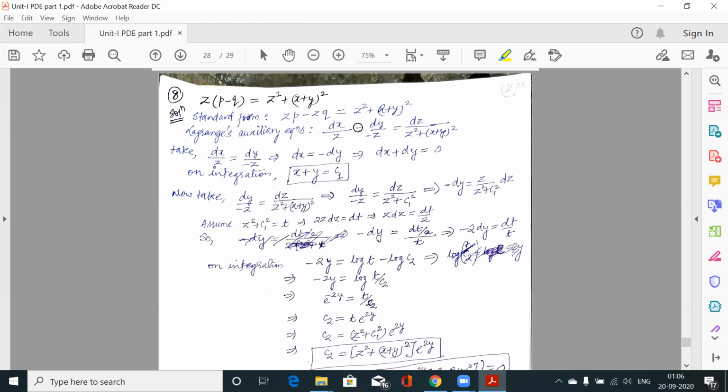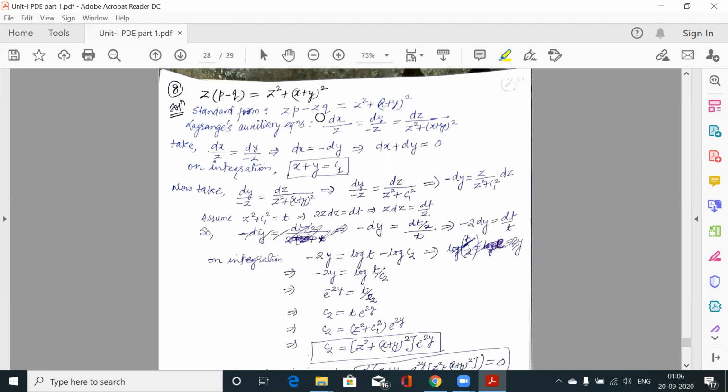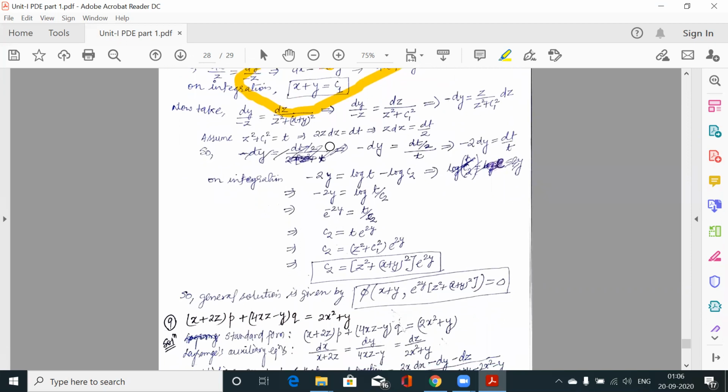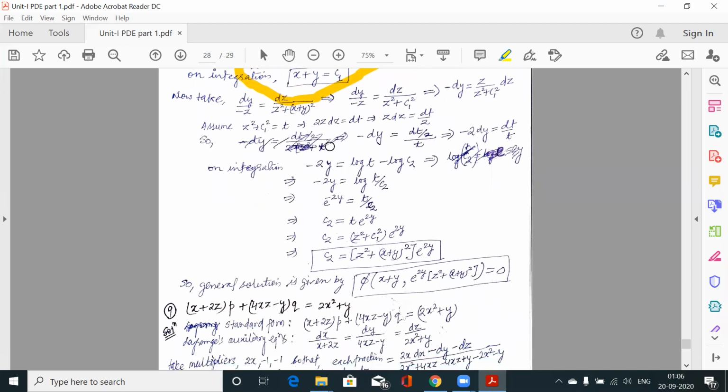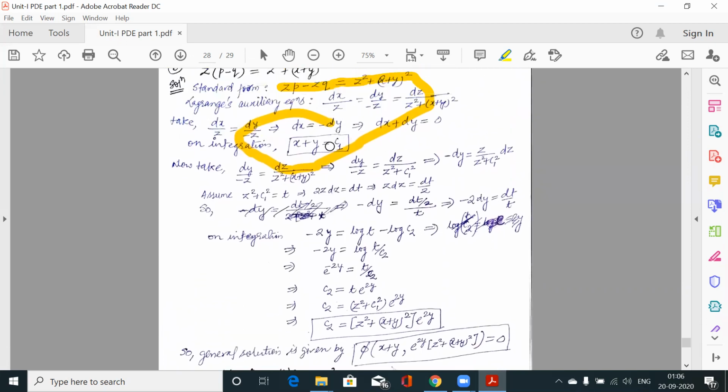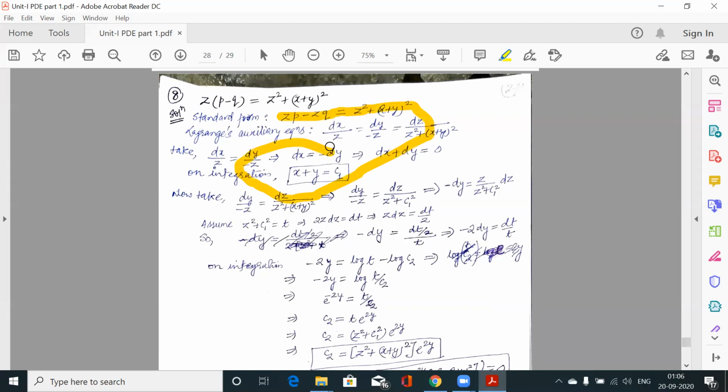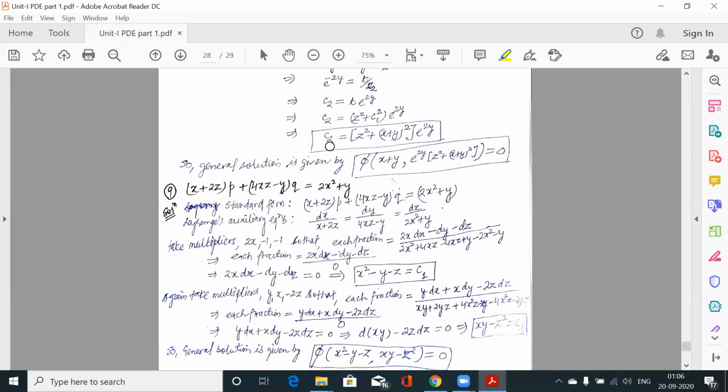So these are more questions. Whatever we are doing, our objective is to get two independent solutions, either by using multipliers, or by direct integration, or by using the first solution to get the second solution.